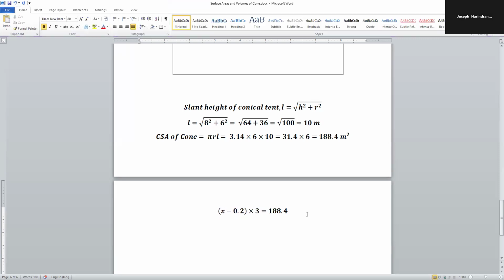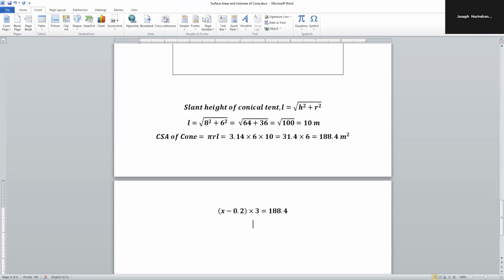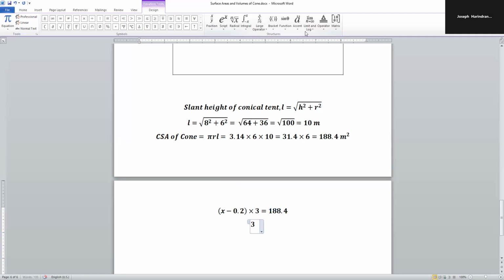Yeah, that's all. So let me do that solving here. You can easily do that. 3x minus 0.6. It comes to be a whole number there.